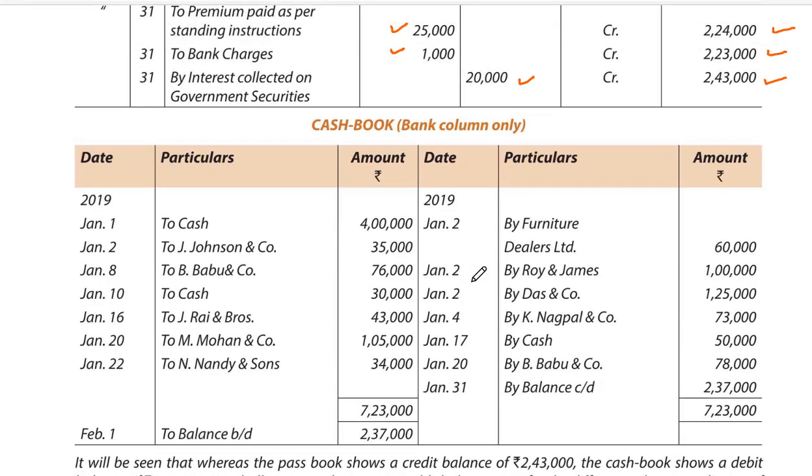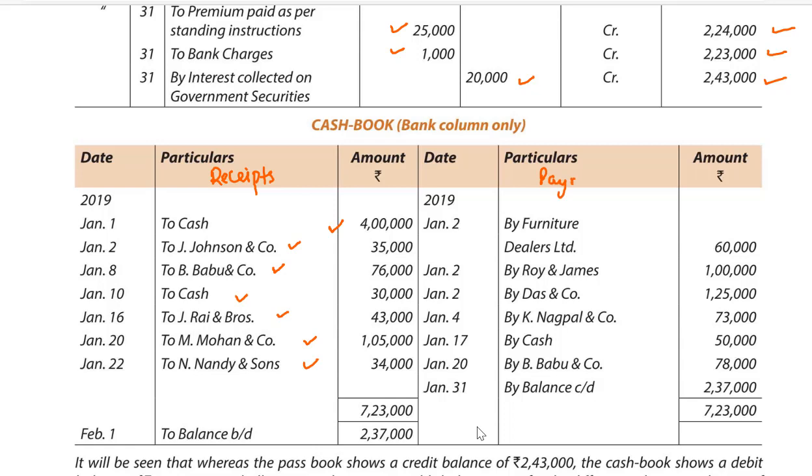Let us see the cash book bank column now. Opening balance of cash 4 lakh. Then we have receipts over here. We have receipts from Johnson and Company, B. Babu and Company, cash deposit, Rai and Brothers, M. Mohan and Company, and Nandi and Sons.